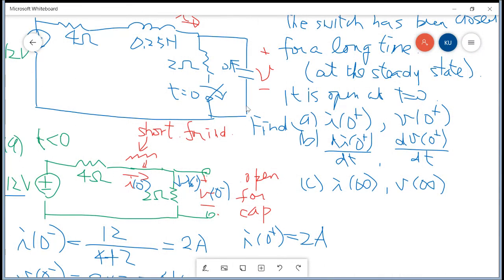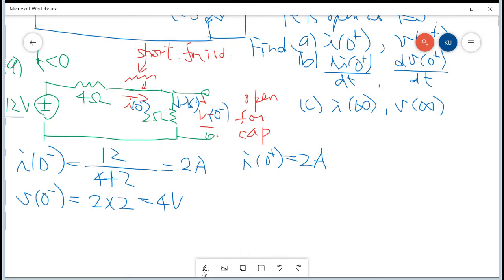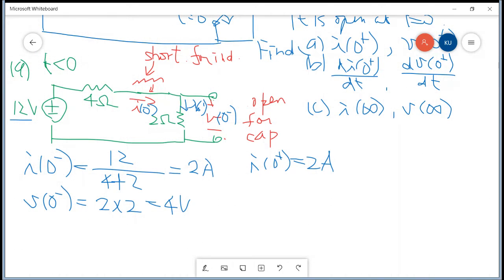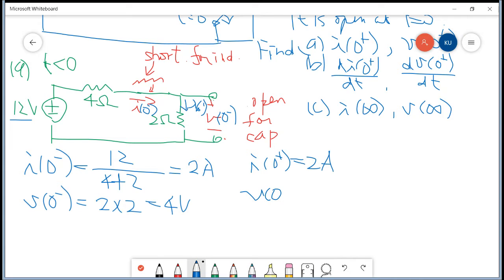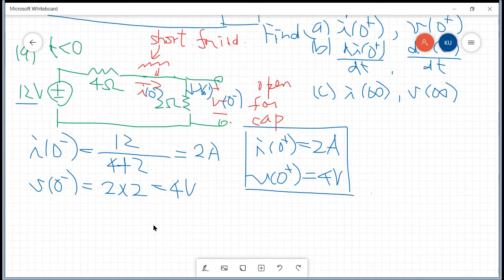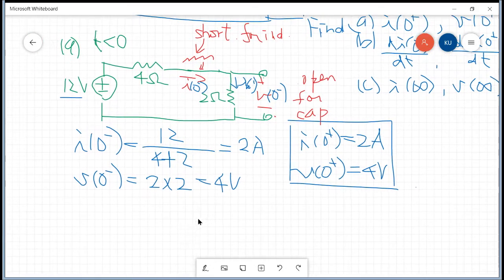The voltage for a capacitor is continuous, which means that V(0+) is 4 volt. So this is the answer for part A. And for part B, we would like to find the first derivative for I and V at t equals 0+.